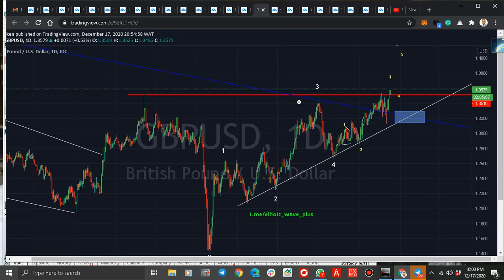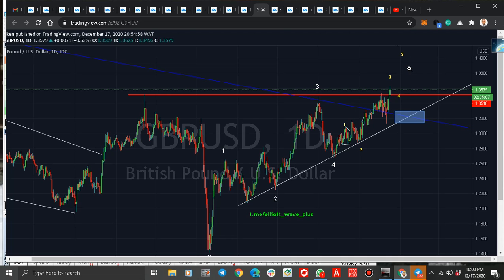So as long as this level have been broken, I'm expecting more move up, unless we have a sudden sharp move below this trend line. But what I'm expecting is a correction to happen, either to stop here or even to come here, then continue up.